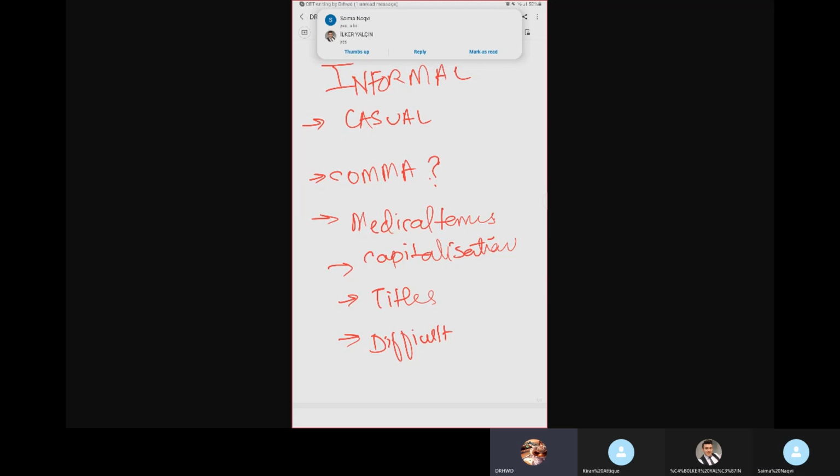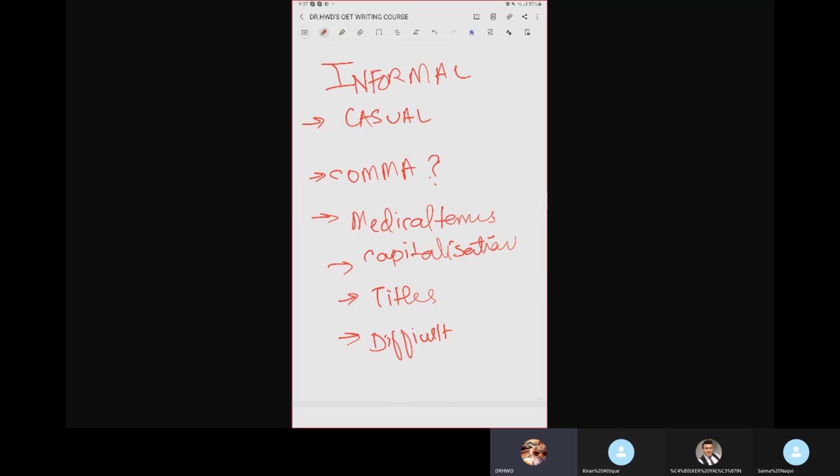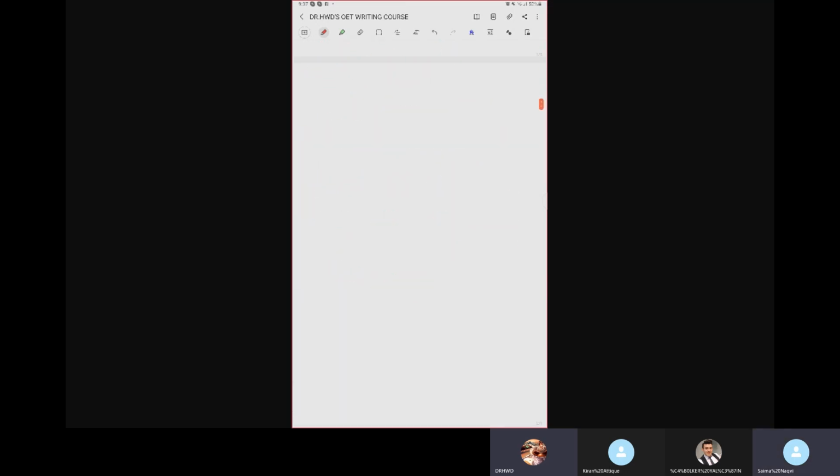Okay, so first, I'm going to give you some words. But before that, I want to tell you that we are always worried about what kind of connectors we can use in our letters. So I'm just going to give you some words which you are forbidden to use.